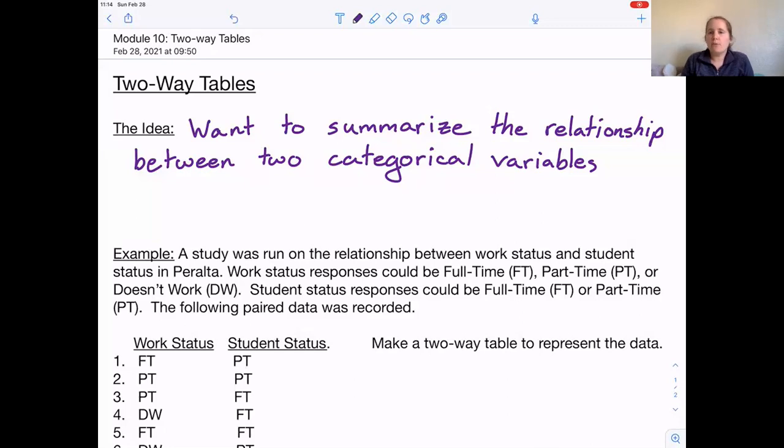So this is sort of the categorical equivalent of the scatter plot.